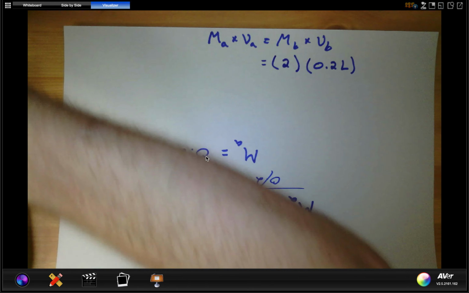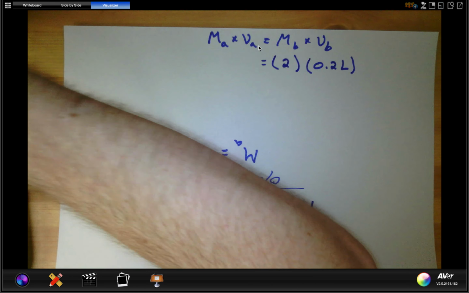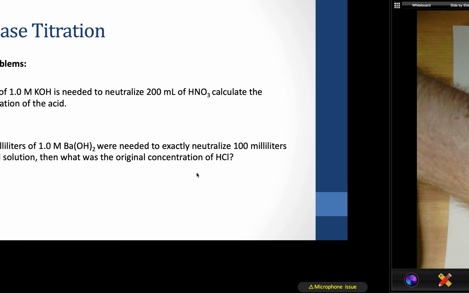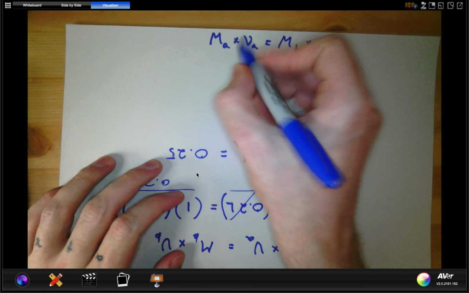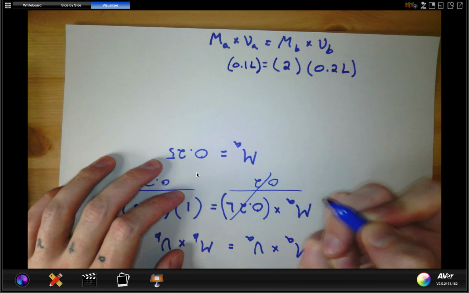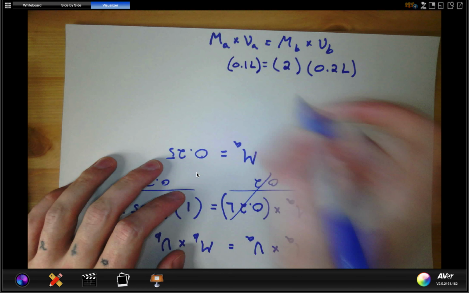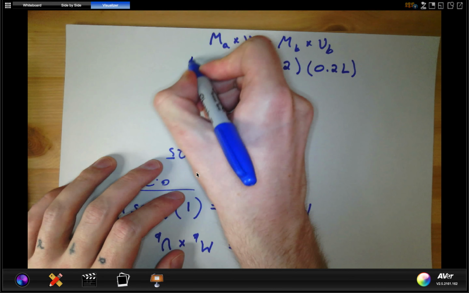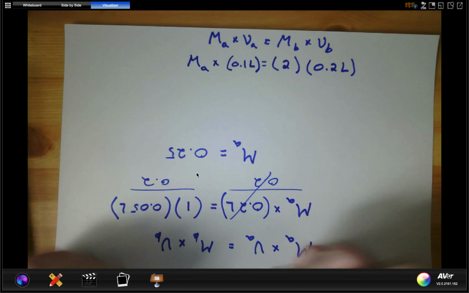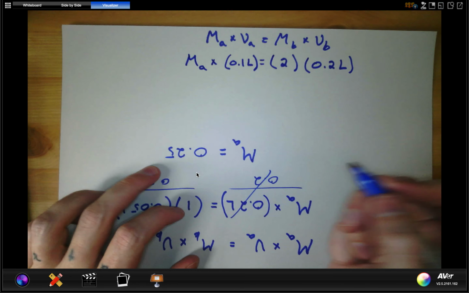Okay. So now we need one of these numbers. It gave us 100 milliliters of the acid, HCl solution. That's going to be the volume of the acid, which is 0.1 liters, since 100 milliliters is 0.1. And we don't know the concentration or the molarity of the acid. So we're solving for the concentration of the acid again.